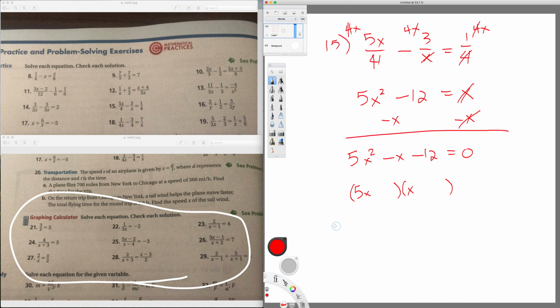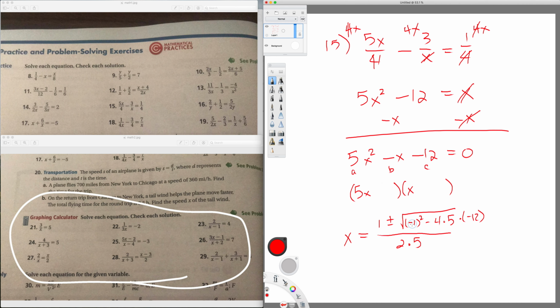If in doubt, use the quadratic formula, I guess. I don't know if you know the quadratic formula or not, but this is my A, and this is my B, and this is my C. So it's going to be 1 plus or minus the square root of negative 1 squared minus 4 times A times C, all over 2 times A. And that is not very pleasant.